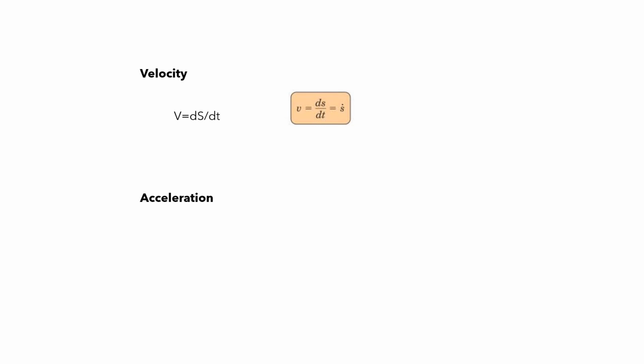And when the velocity, or you can say the reading on your speedometer, is constant, it means the acceleration is zero. The relationship we can write as v dot or s double dot, meaning the second derivative.